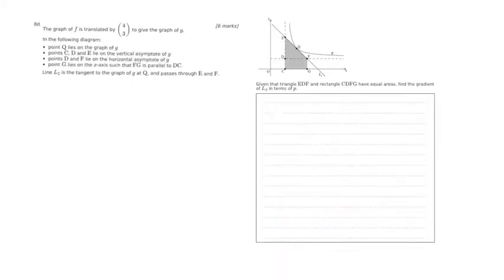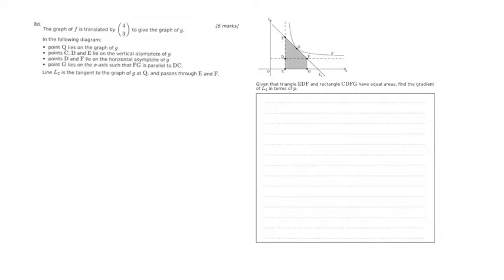8d. The graph of f is translated by the vector (4, 3) to give the graph of g. In the following diagram, point Q lies on the graph of g. Points C, D, and E lie on the vertical asymptote of g. Points D and F lie on the horizontal asymptote of g. Point G lies on the x-axis such that FG is parallel to DC.